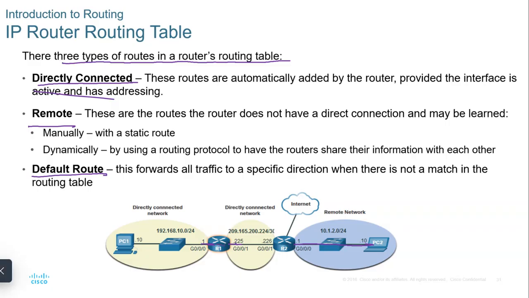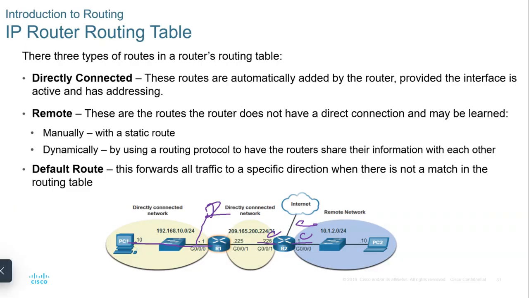Likewise on router 2, this is a connected network, this is a connected network, and even this is also a connected network, so it has 3 interfaces. But this one here becomes a remote network, because it is not directly attached to router 2.